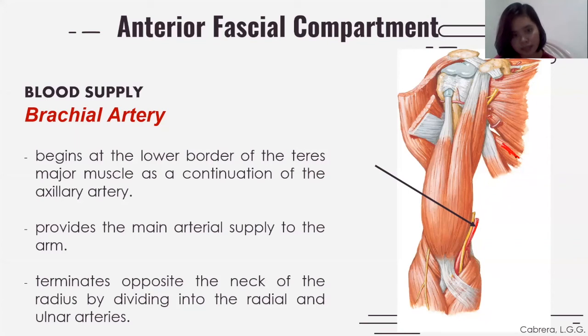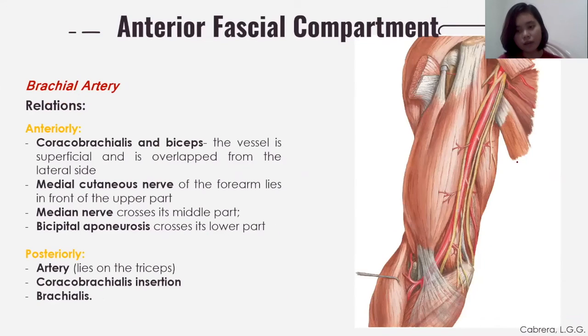An important function of this artery is that it provides the main arterial supply to the arm, and it terminates opposite the neck of the radius by dividing into the radial and ulnar arteries. Ito po ang radial artery. At sa kabila naman po is the ulnar artery.